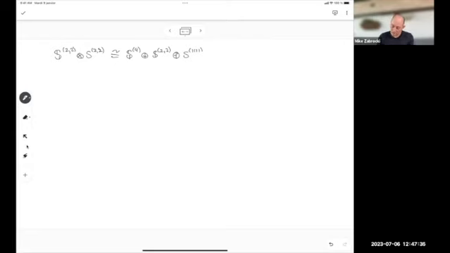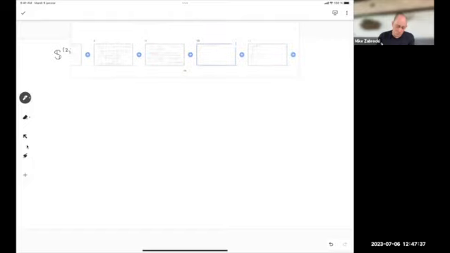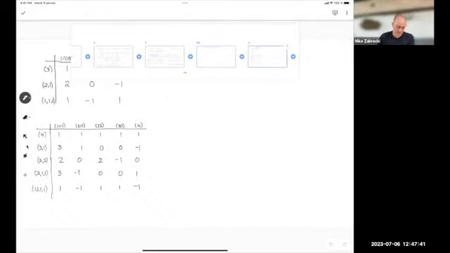She looked at the character table of S4. She took this row of the character table, and she said that the character of the tensor of those two modules is going to be the dot product of their characters.